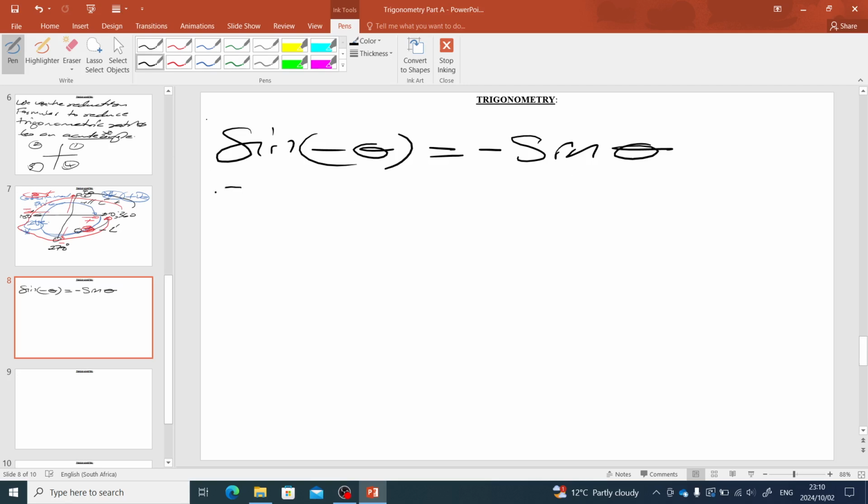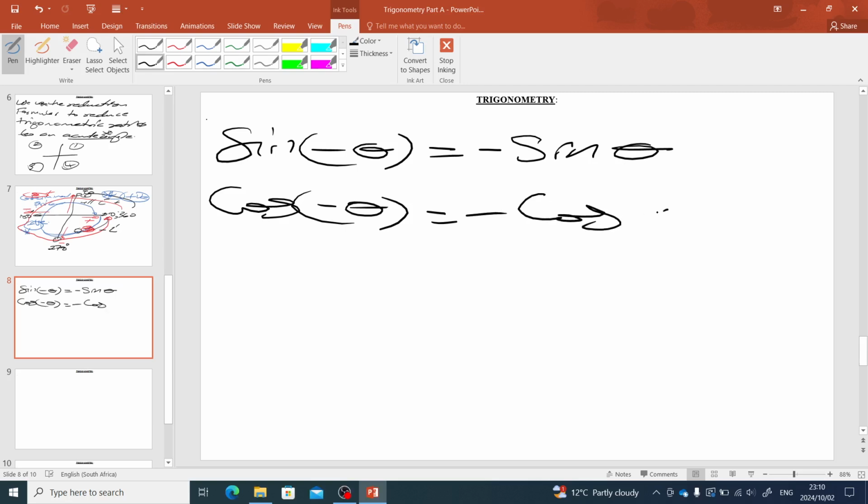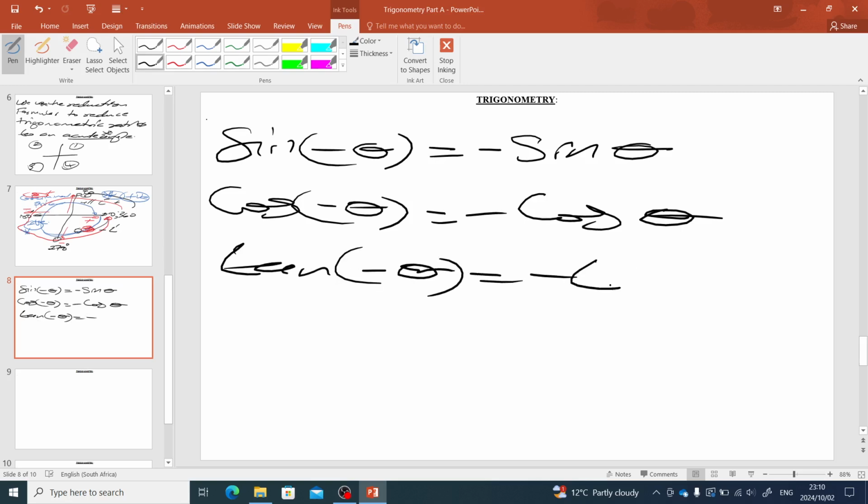Now, if we are having cos negative theta, we can convert it. It can be cos theta. The angle there is positive. Now, if we are having tan negative angle, it equals negative tan multiplied by the positive angle.